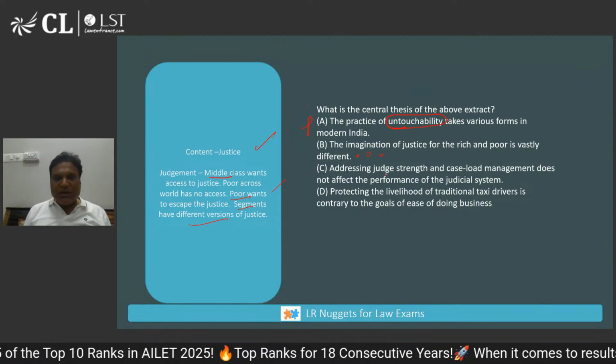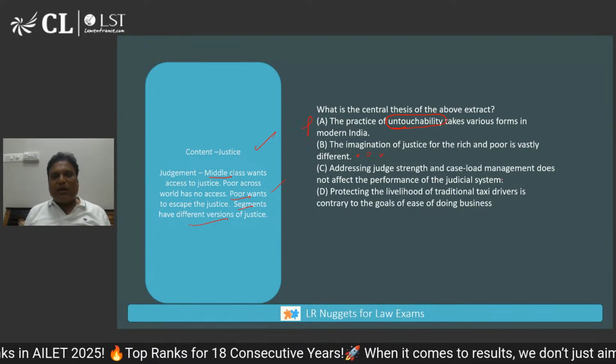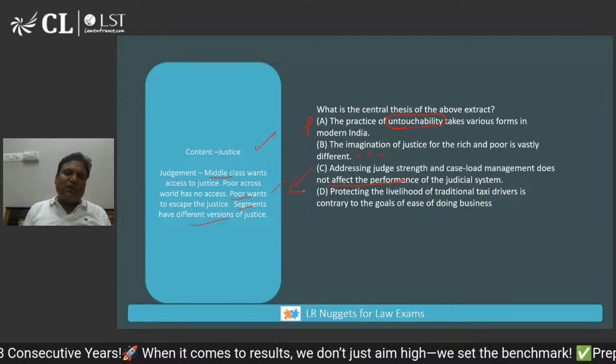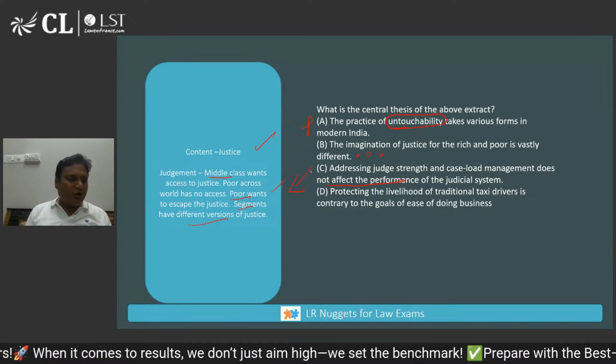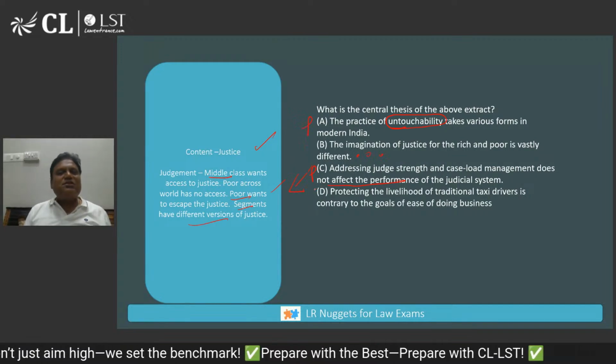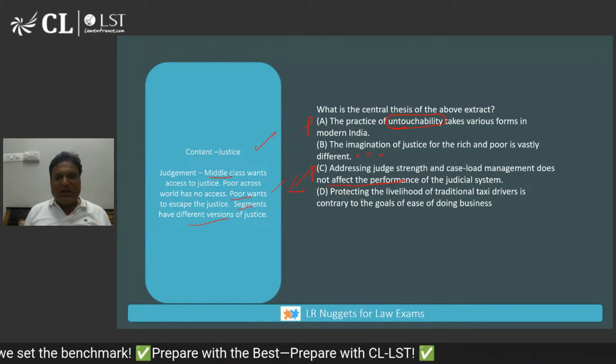Let us look at the other options. Addressing judge strength and caseload management does not affect the performance of the judicial system. This does not come in our content plus judgment. These things have been talked about somewhere in the passage, but definitely this is not the main idea.